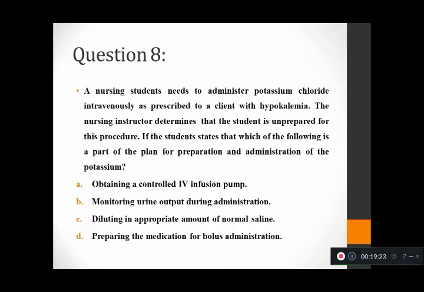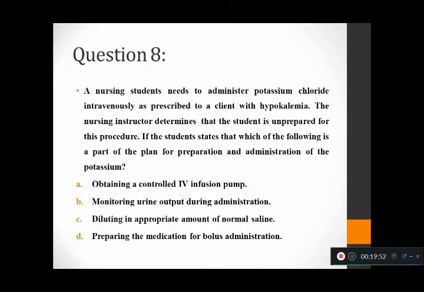Potassium chloride administered intravenously, most often we should dilute it in IV fluids and we should infuse via pump or controller. The usual concentration of intravenous potassium chloride is 20 to 40 milliequivalent per liter.